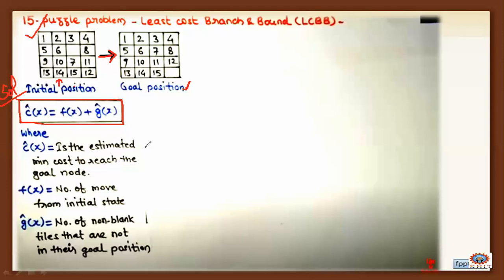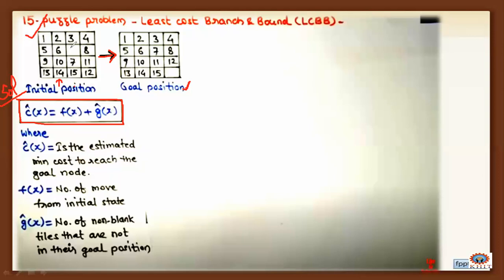Whereas f of x is considered as the number of moves from the initial state. Okay, this is the initial state.